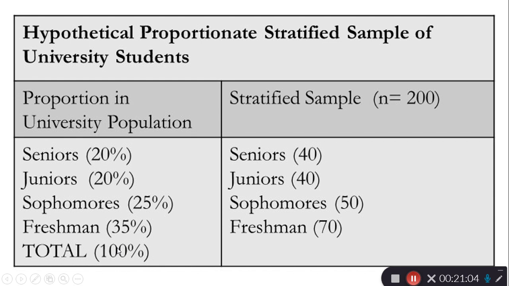In turn, if we wanted to generate a proportionate stratified sample, we would need to sample from within each stratum according to each group's representation in the larger population. So if our total sample size were 200, we would need 40 seniors, 40 juniors, 50 sophomores, and 70 freshmen.